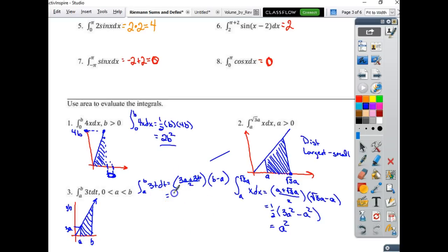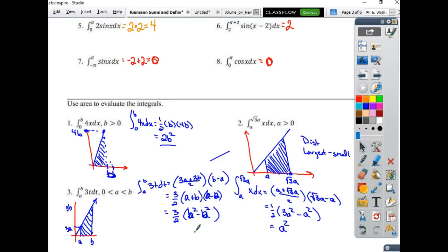I can factor out a 3/2 in this problem. Call this a plus b times a minus b, which is 3/2 of a squared minus b squared. Or sorry, this is b minus a, not a minus b. So that's b squared minus a squared. And we're done.